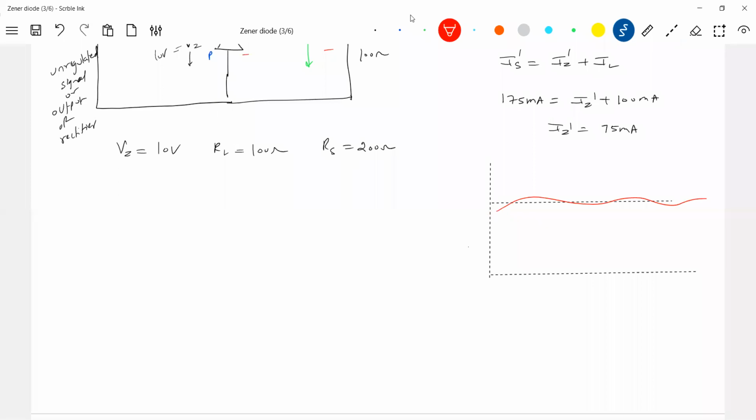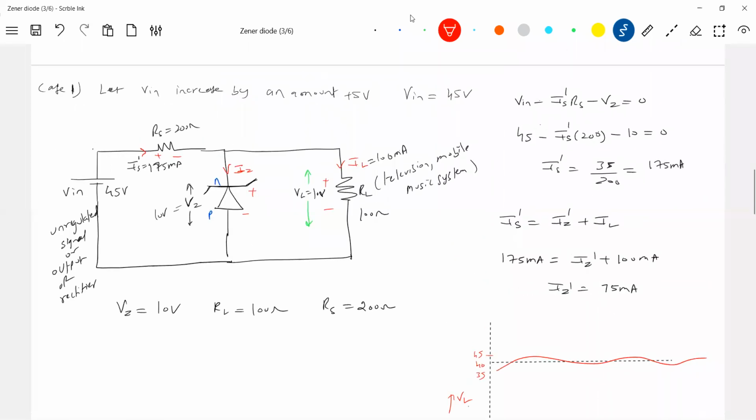How much will it fluctuate? Say plus or minus 5 volt. It will be 45, 40, 35. But what type of regulator did we need? We needed one which will maintain constant, no? Yes. So look at this one. With the Zener diode, when I bring it in, it will see that the drop across the load and the current through the load remain constant.